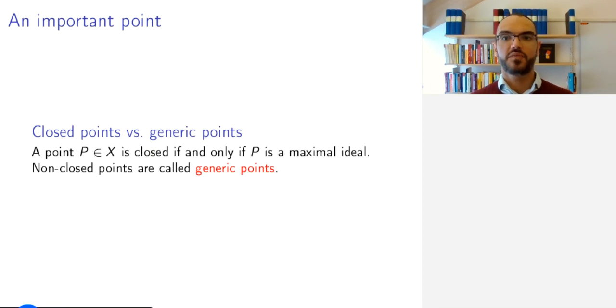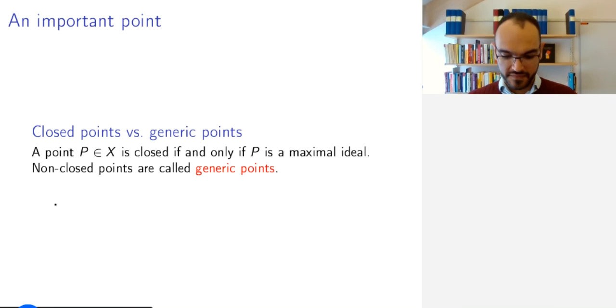One very important point about this is that not all points are closed. So a point P in X is closed if and only if P is a maximal ideal. Why is that?